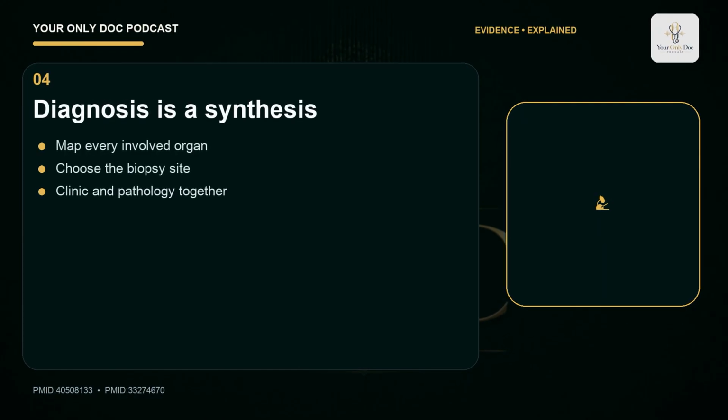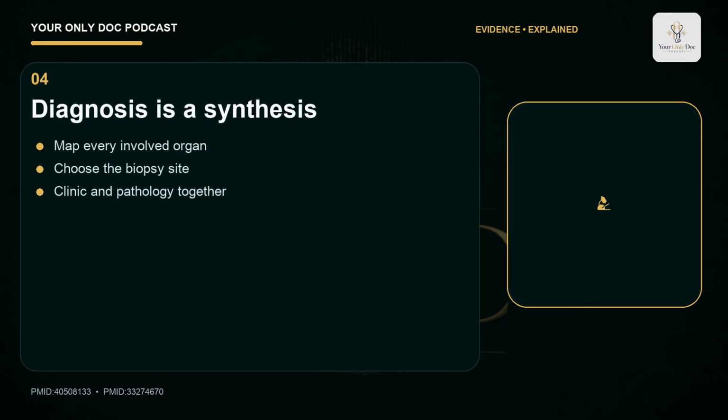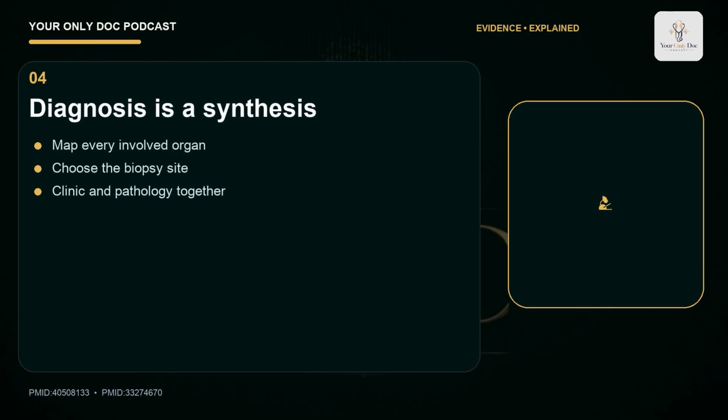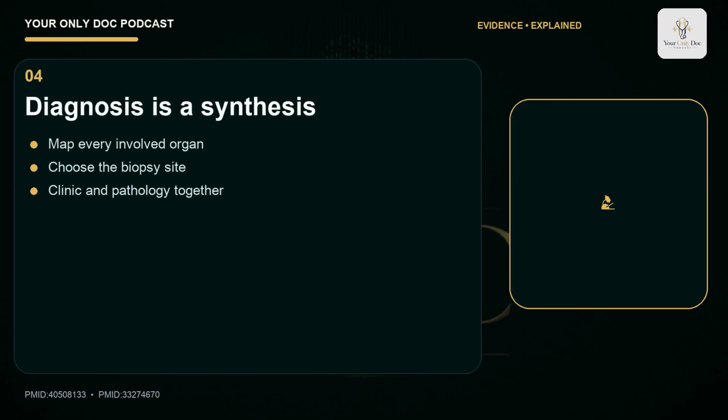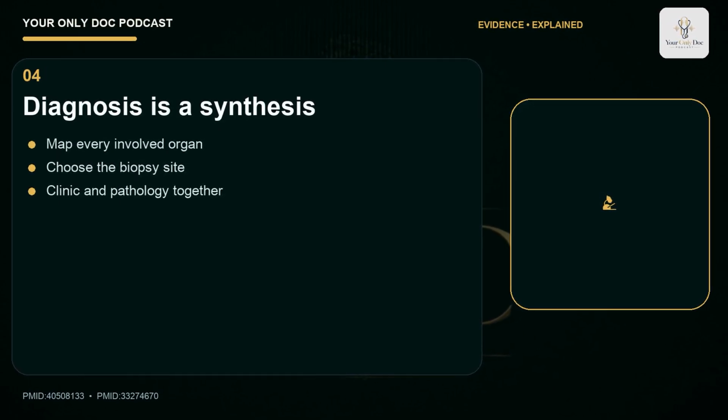A strong diagnostic approach begins by mapping every involved organ and asking whether the pattern fits one systemic process. Imaging helps define swelling, masses, duct changes, and fibrosis. Blood tests may support the suspicion and show organ dysfunction, but they do not replace pathology. When a safe and informative biopsy is possible, the site matters.